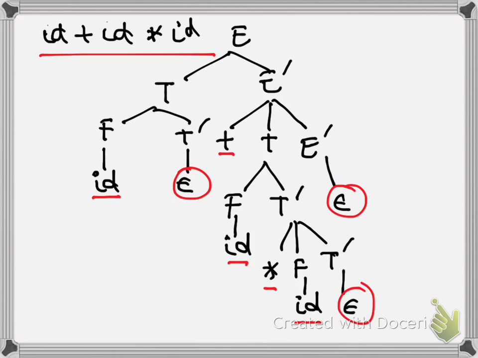Now here the main question is, at every step we have to determine which production is to be applied. How to determine that will depend upon the parsing algorithm that we are going to follow. We'll discuss that in a later class.